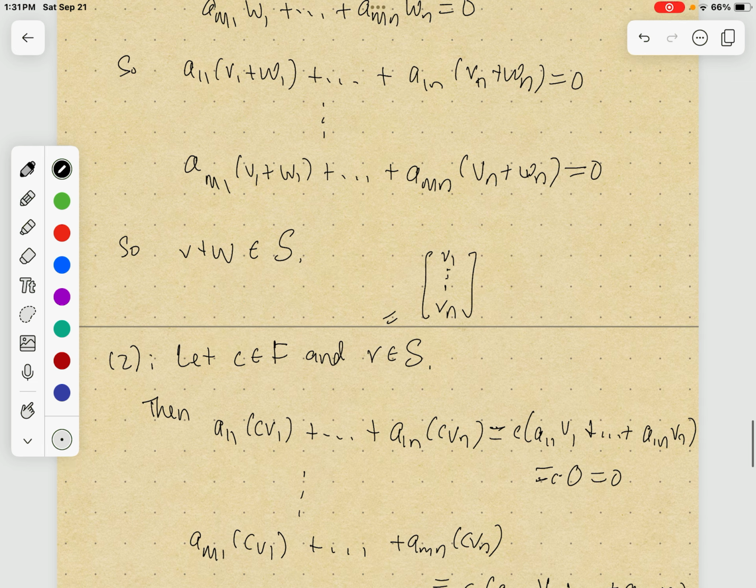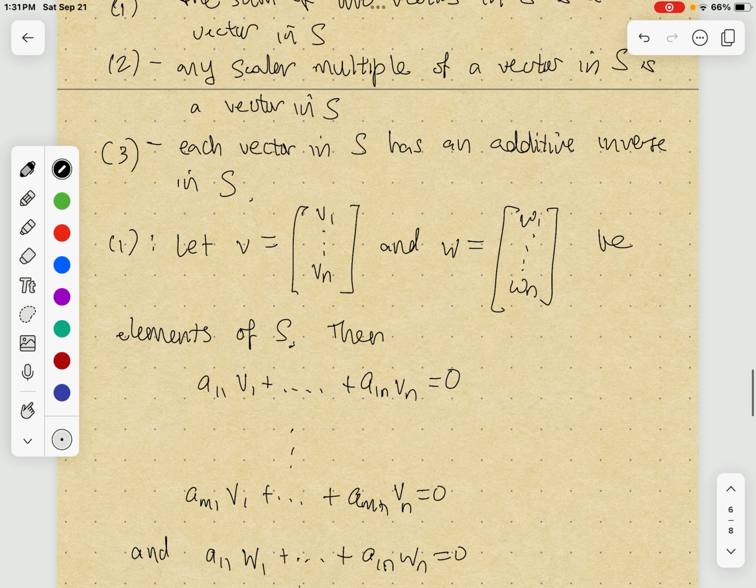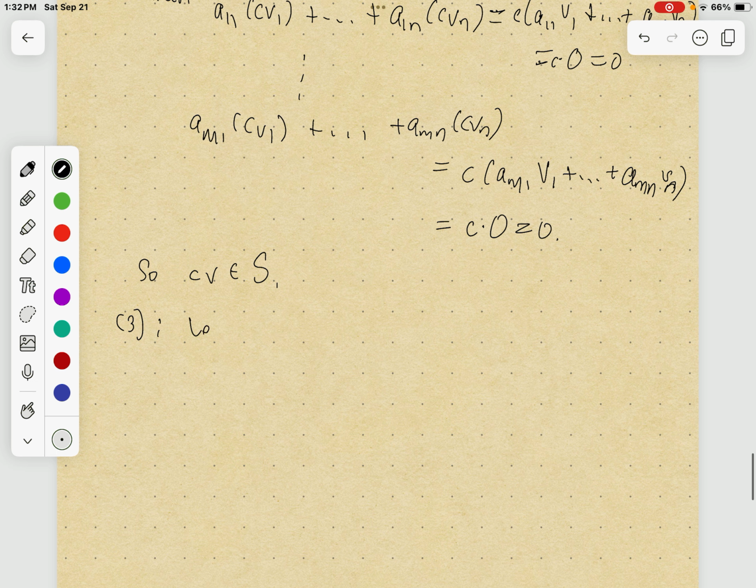Now the last one is that each vector in S has an additive inverse in S. So let's say that v, which is v1 to vn, is an element of S. Right?